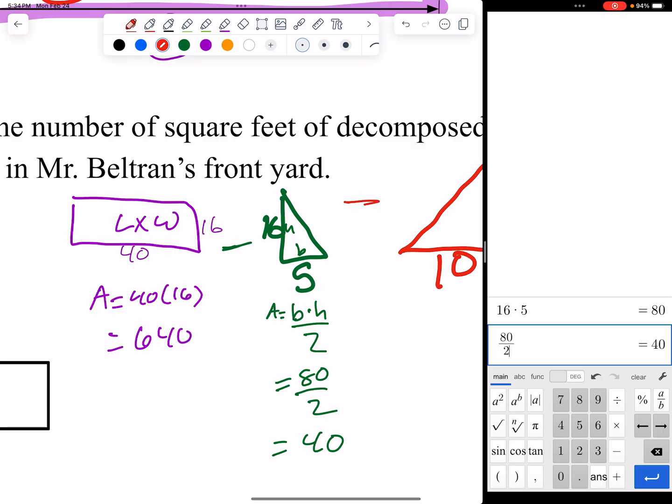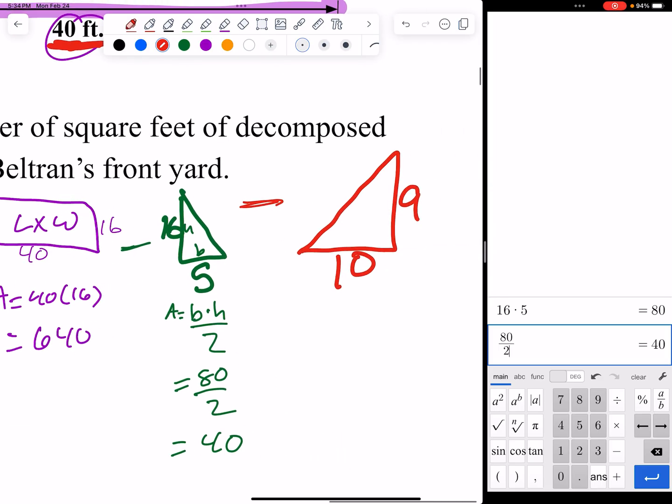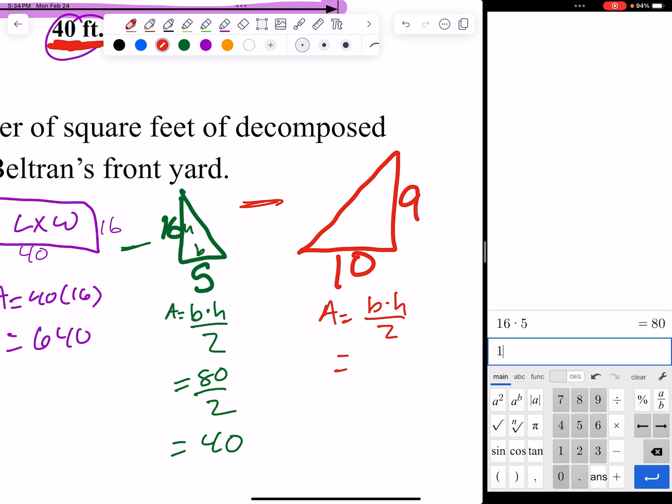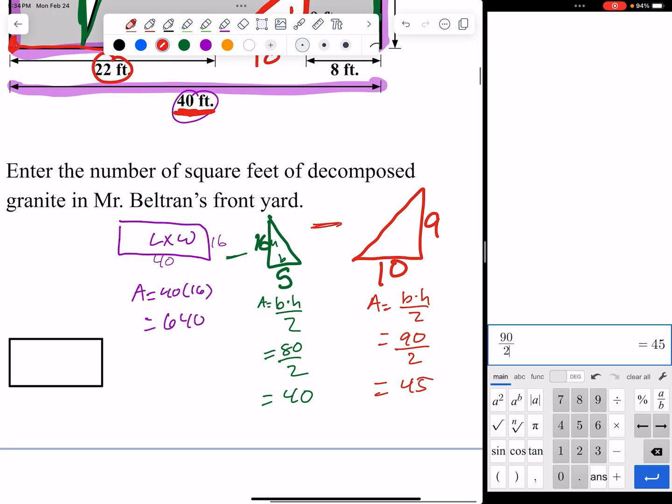And then I also have to get rid of the other triangle. So another base times height divided by 2. So I get 10 times 9 for 90, and I cut that in half. So if I cut 90 in half, I get 45. So let's do the final pieces here.